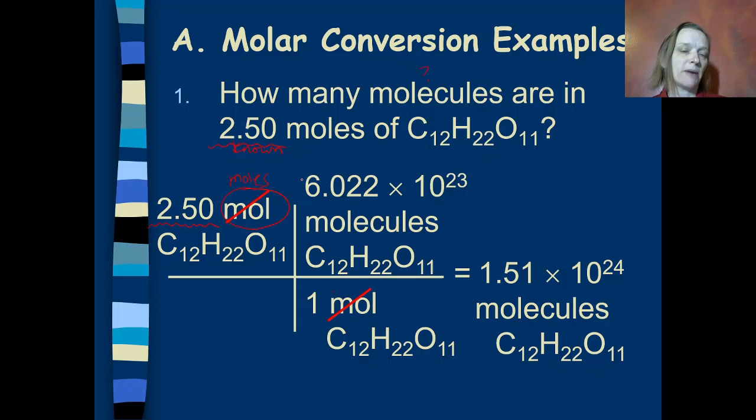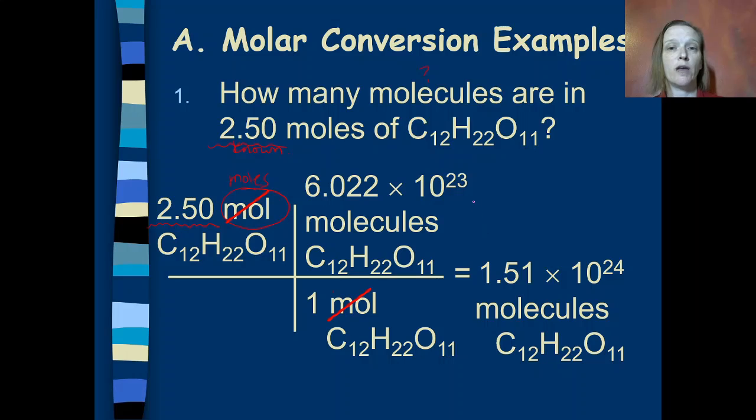When you are multiplying by scientific notation, my recommendation, if you don't know how to use scientific notation on your calculator, is to multiply together the coefficients. So you do 2.50 times 6.022 times 10 to the 23rd.